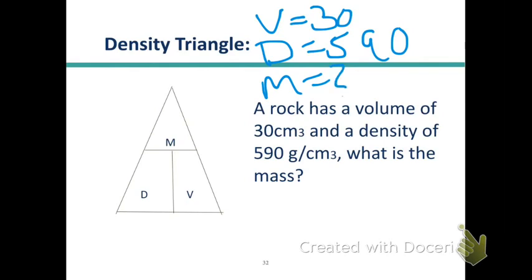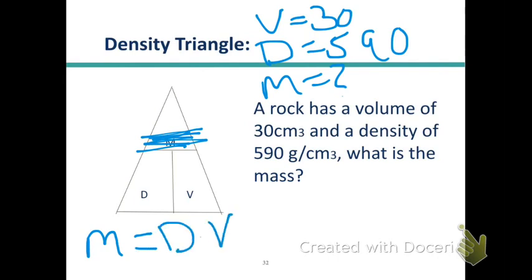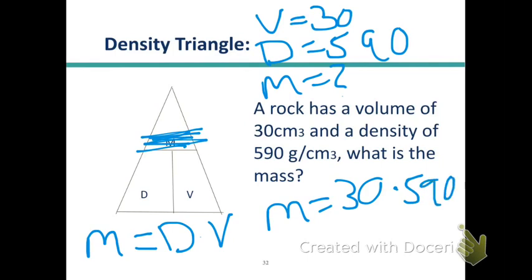Well, if I'm looking for mass, again, to use my triangle, I cover up M, and the formula I'm left with is mass equals density times volume. So now all I have to do is fill in the numbers. So mass equals 30 times 590. And I don't know that off the top of my head, so 30 times 590 equals 17700. So that is my mass. The unit for mass is grams. So that would be how you solve this problem.